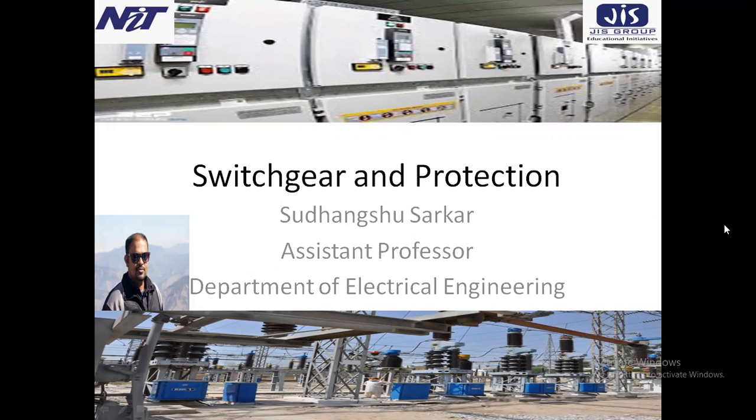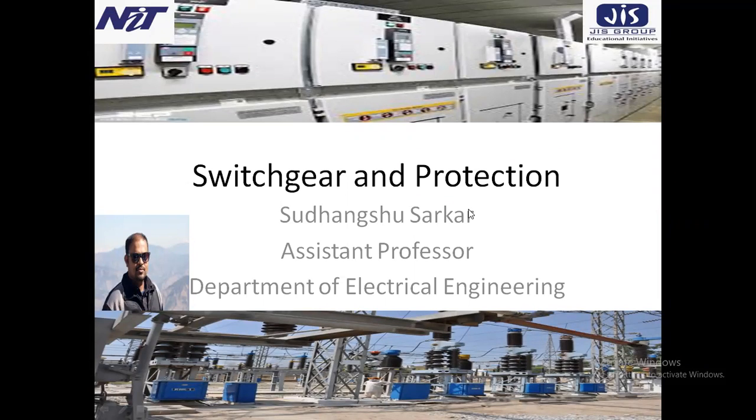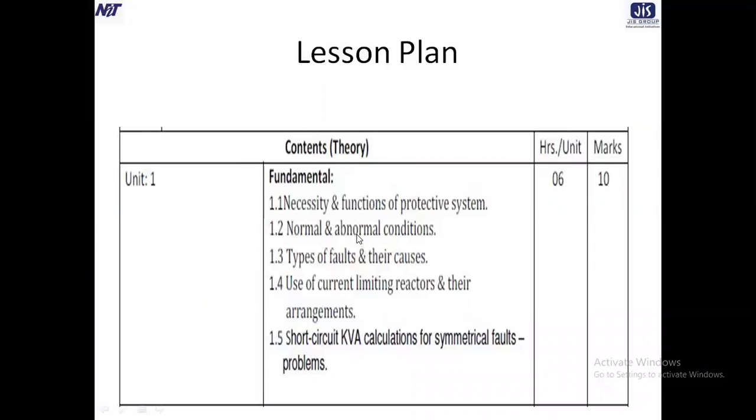In this subject, we have a few important topics to discuss. The first one is the introductory part, that is the fundamentals, necessary functions of protective systems, normal and abnormal conditions, faults, different types of faults and their causes, use of current limiting reactors and their arrangement, and short circuit KVA calculation for symmetrical faults.